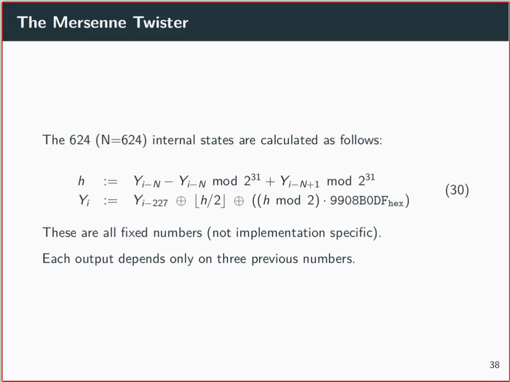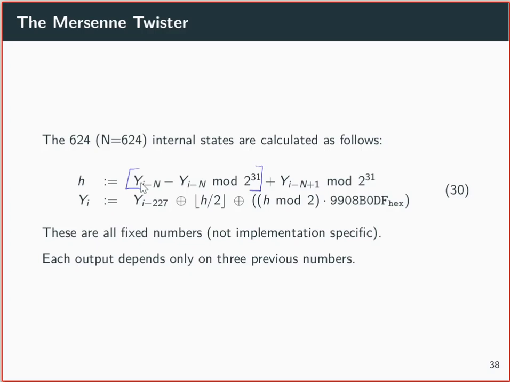So the Mersenne Twister has, as we said, 624 internal states. And they're calculated like this. They all depend on previous states. So calculate this H value, and this here, Y at the index i minus n, i minus 624, minus Y, the same Y, mod 2 to the power 31.